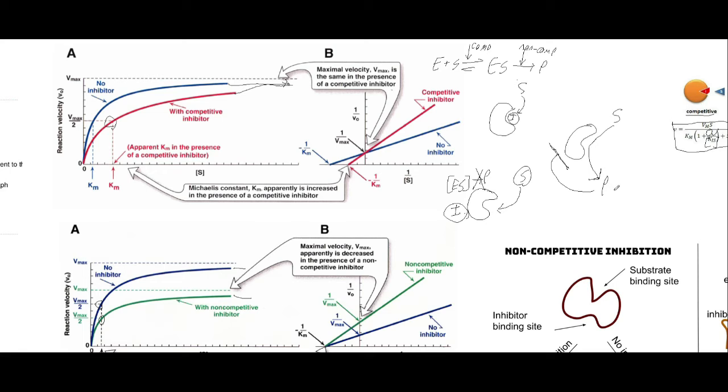So if our product is going off and being used by something else, it's not going to be inhibiting this, so we'll keep turning substrate into product. But if for whatever reason the product is no longer going to that, then we will build up our product concentration, and that will inhibit our enzyme.